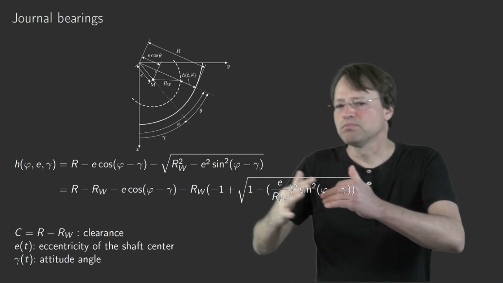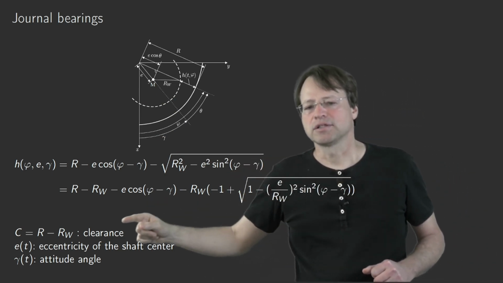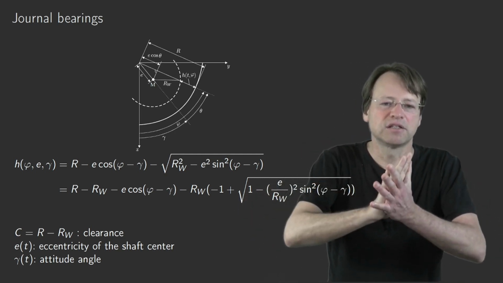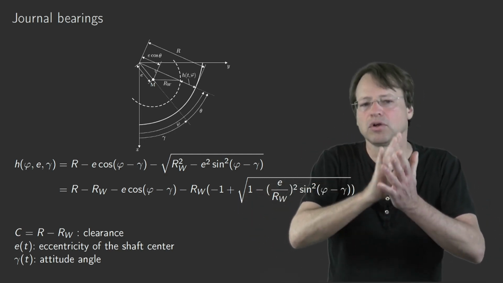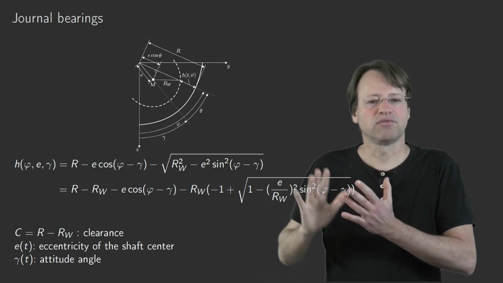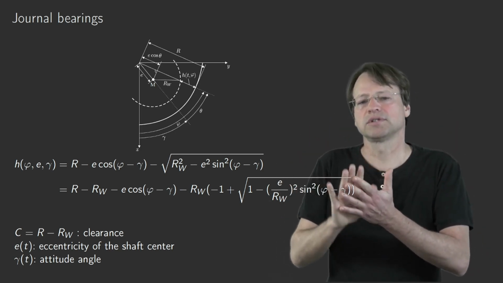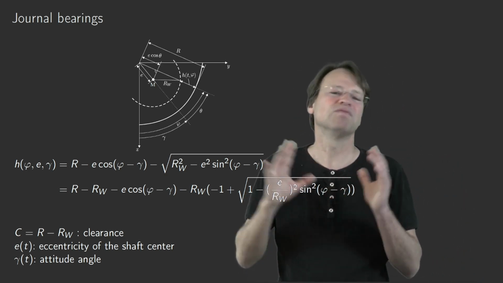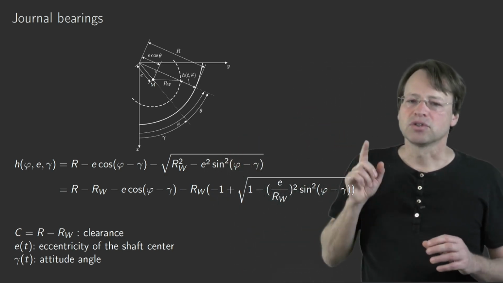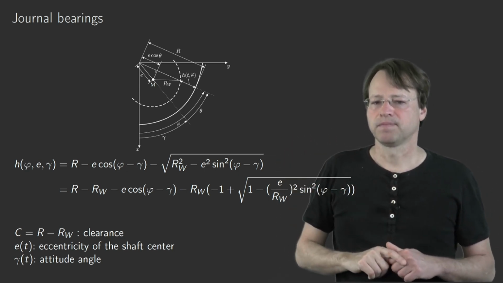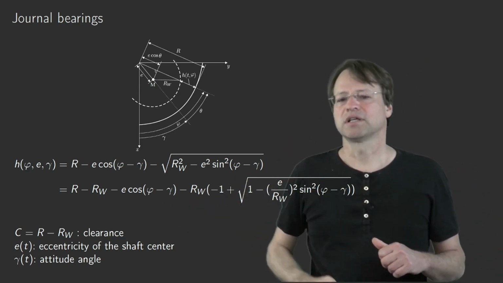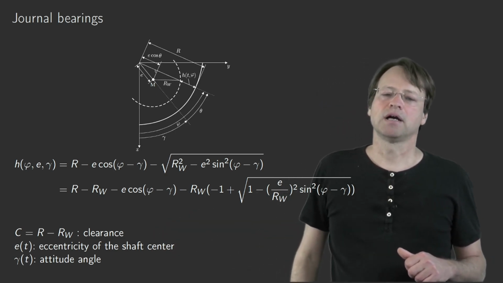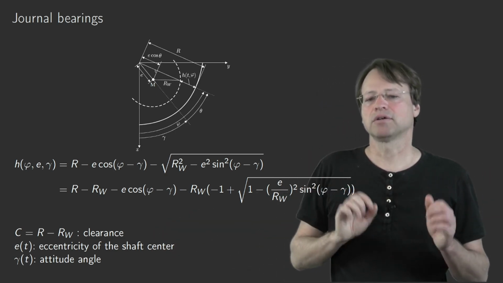If you displace more than the clearance c, then your shaft will hit the bearing housing, perhaps causing catastrophic failure, causing the shaft to rub on the bearing housing, which is very, very unwanted. So the displacement e is limited to c, to that clearance. c is much, much smaller than R sub W. It's just a part of that.